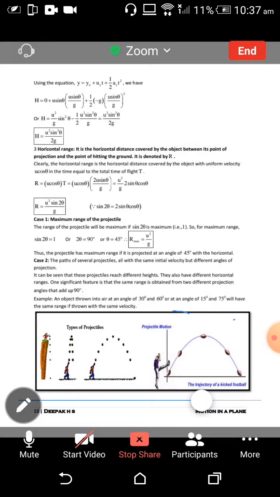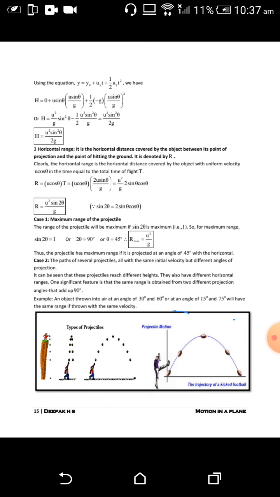We need to express it in terms of mathematics. As you know, the horizontal range is the horizontal distance covered by the object with uniform velocity u cos theta in the time equal to the total time of flight.